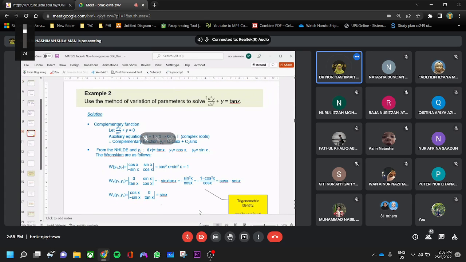But for cases where di belah kanan dia tak termasuk dalam sin dengan cos, yang ini sebenarnya ada tangent. Tangent tu sebenarnya sin bahagi cos kan, tapi tak ada dalam bentuk yang kita dah belajar sebelum ni. So untuk case yang macam ni definitely you need to use the method of variation of parameters. Kalau guna teknik yang biasa memang mungkin tak boleh nak selesaikan.